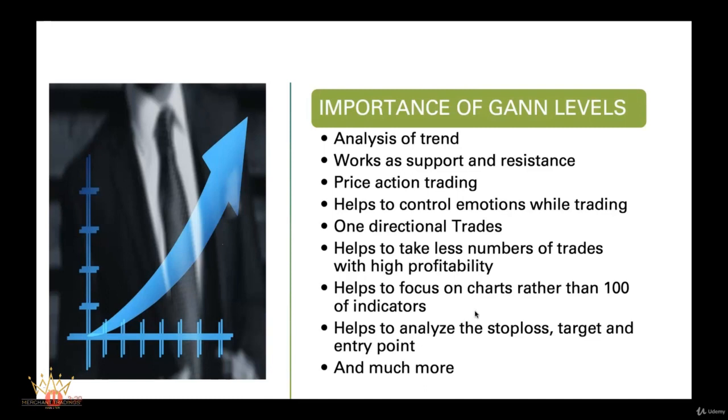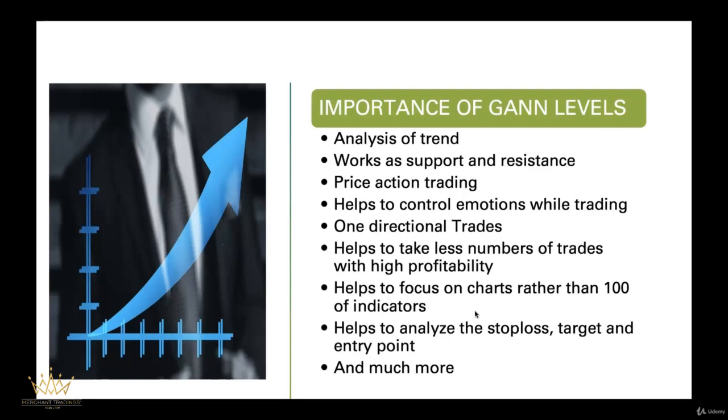But if you are using the RSI, moving average, MACD, then there are lots of crossovers, lots of oversold regions and overbought regions that the RSI is going to touch or the moving averages are going to cross. So we get multiple trades, and here we are going to lose our accounts also. That's why the importance of Gann level tells us that it helps to control the emotions while trading. If we place multiple trades, it is going to affect our emotions, and later on we are going to start trading like a gambler.